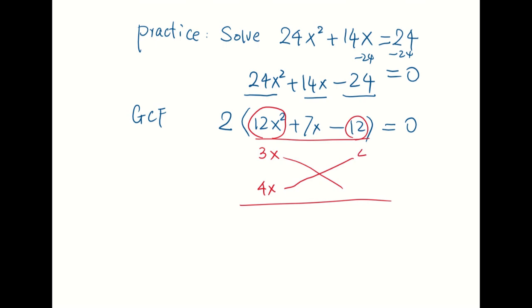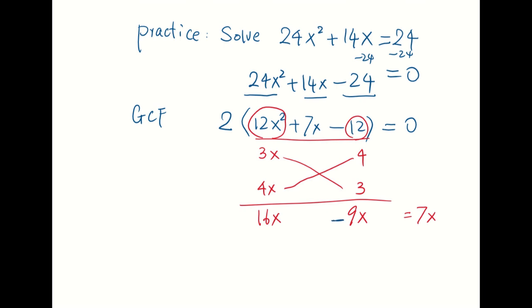Okay, let me put 4 on top and 3 at the bottom and see if this time it will work. So 3x times 3, that's 9x. 4 times 4x, that's 16x. Again, what I want is a positive 7x. So I think this time it works as long as this 9x is negative.